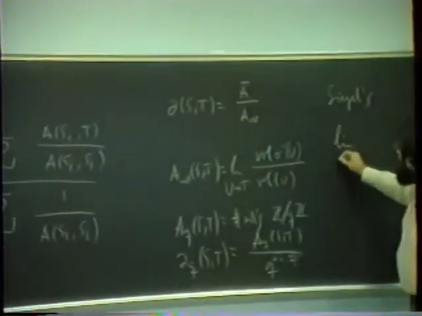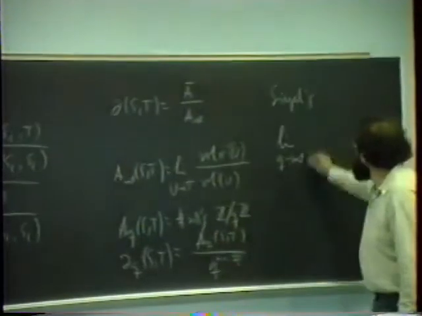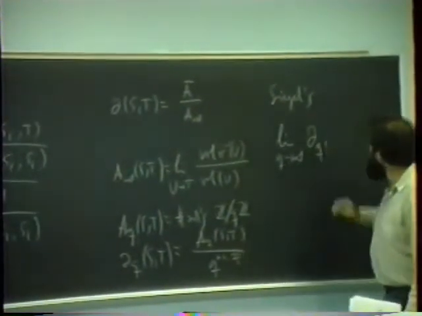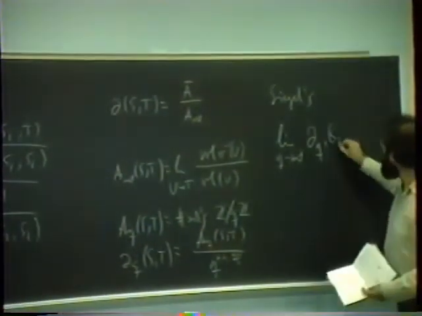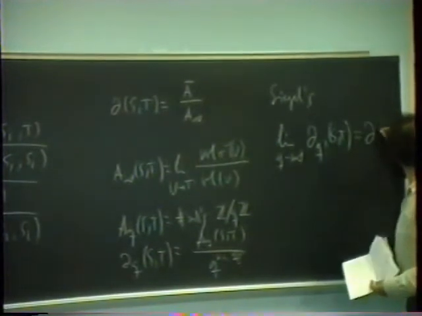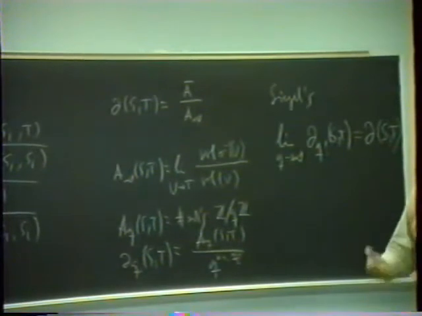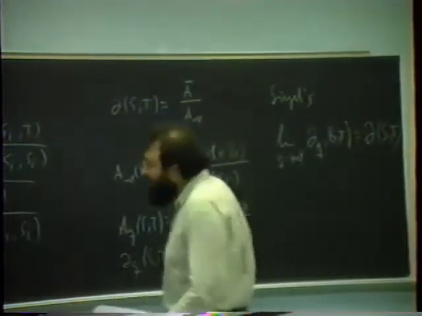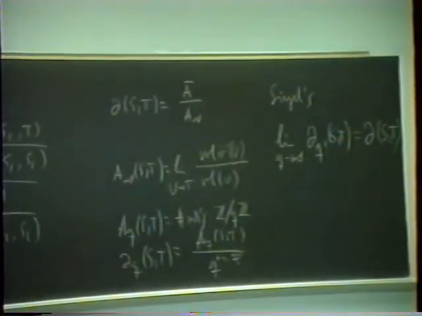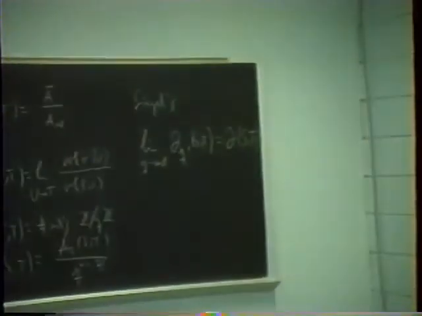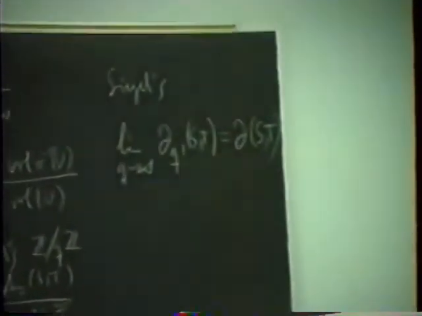The result is that the limit as Q goes to infinity of delta Q factorial of S,T is actually equal to delta S,T. This is not the way it is usually written down. Usually one breaks it down into different primes. But for our purposes, I think that's good enough.